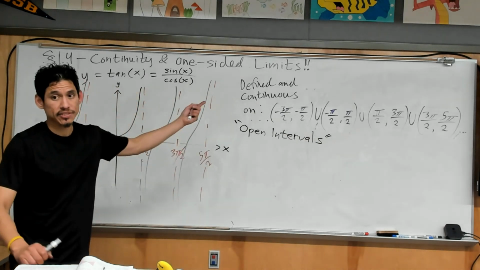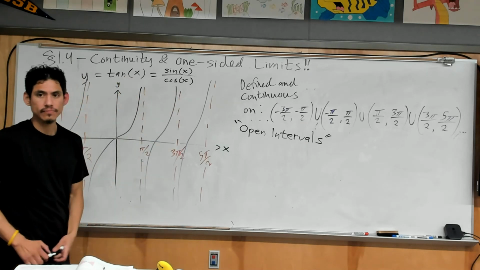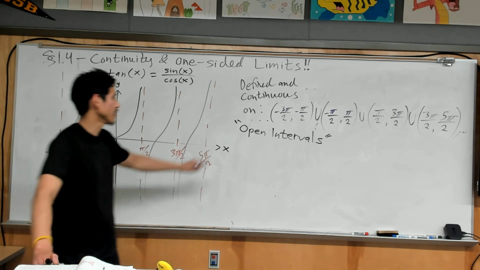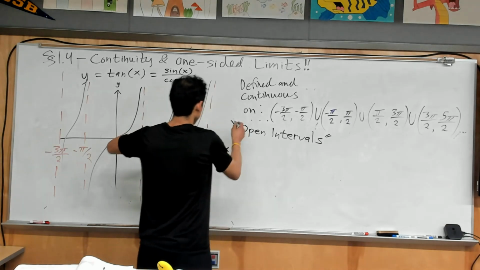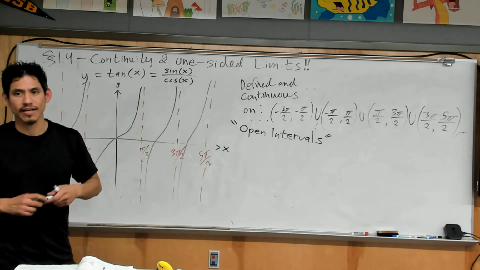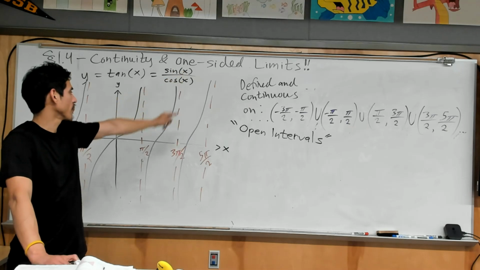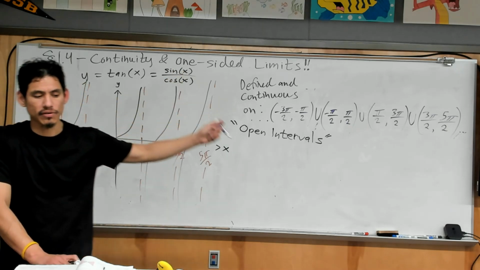If we put brackets around it or say closed intervals, it wouldn't work because it's not defined at these asymptotes. So it just depends on how you've been taught to write it. Make sure you write it correctly. It's not continuous everywhere. It's not continuous at multiples of pi over 2, or it's continuous on open intervals like that.